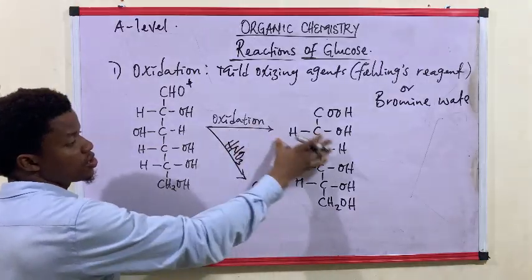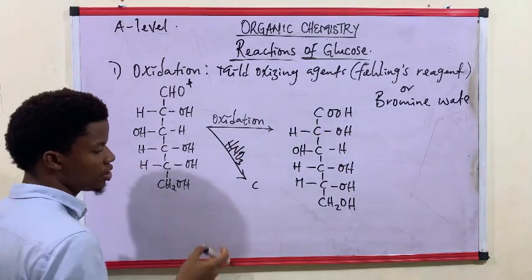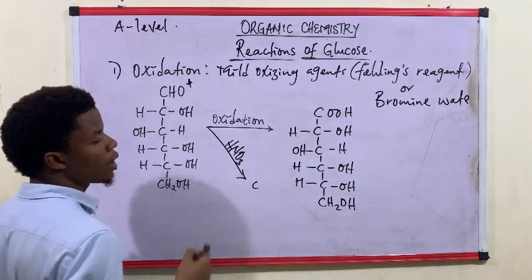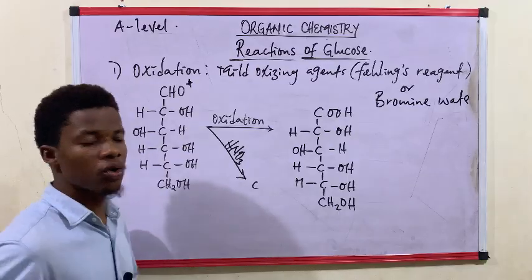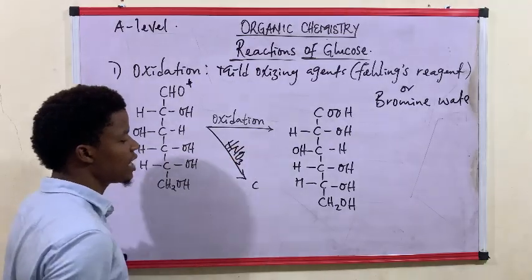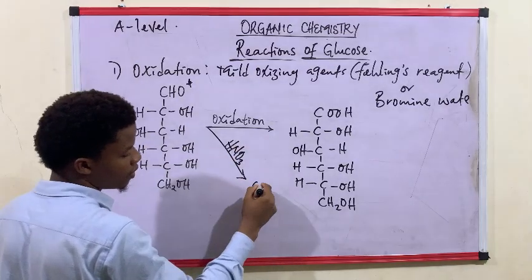All right, so that is what you get for mild oxidation. Then for a strong oxidation using strong oxidizing agents, all right, this is what we are going to have.